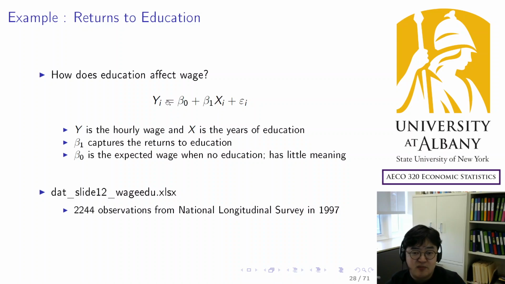So this is an example where beta 0 is meaningless because in reality it's really hard to find anyone who has 0 education. So beta 0 does not realize at all in the real world. What we are interested in is only beta 1. So let's estimate. Go to the data.